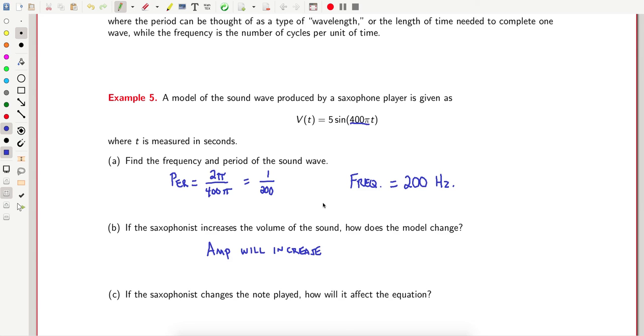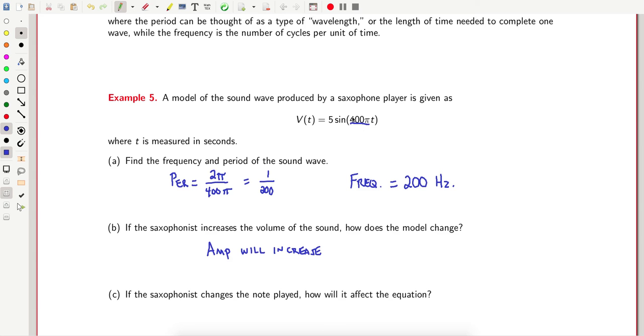All right, part C: if the saxophonist changes the note played, how will that affect the equation? So the actual note played, like a C sharp or an A flat or any of the other 12 tones, is really affected by this value here, this value of 400 pi.